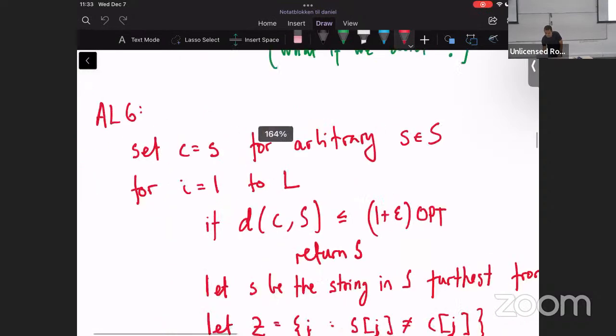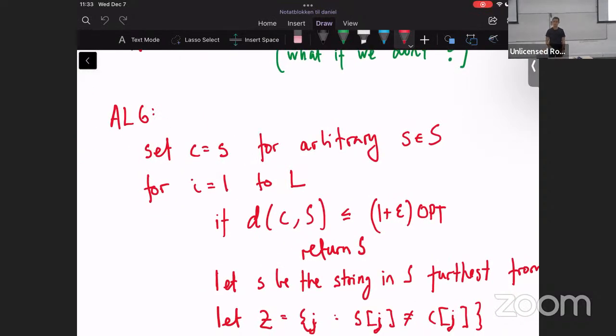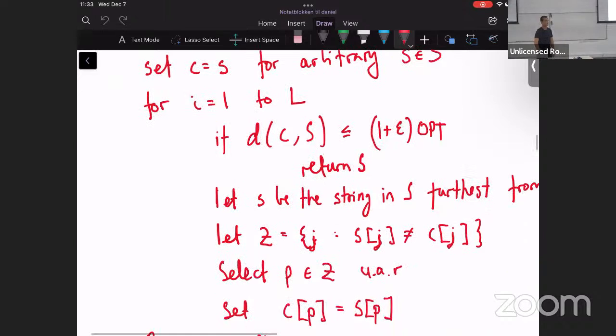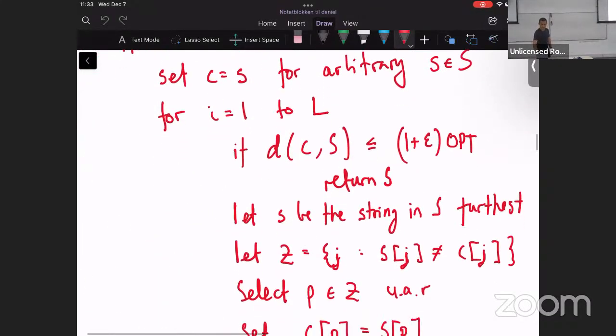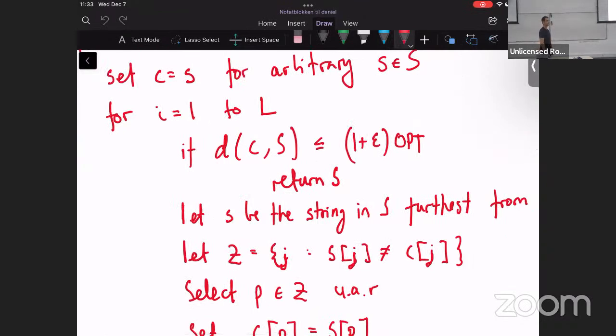Initially, you're going to set your center string as some string in your input. And then you do the following for a while, say as long as the length of your strings. If your current center string is already an approximate solution, you can output it, right?